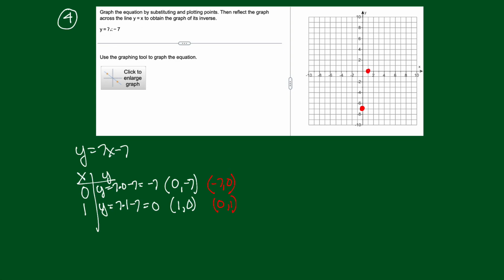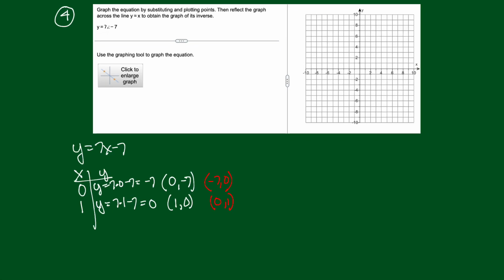So now I'll do my best to pass a straight line through these 2 points with my straight edge. Now I think I'll do the line itself in green. So here's the line itself. I'm going to graph these 2 points right here. 0, negative 7 puts me down here.